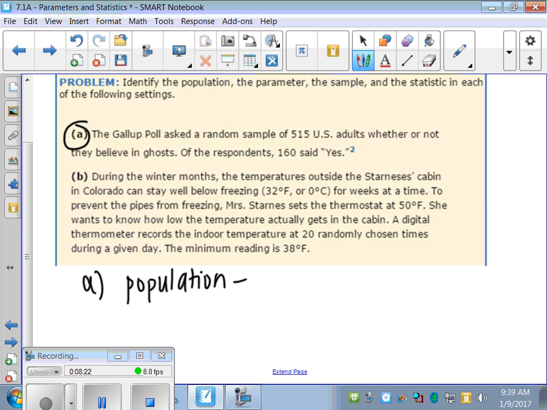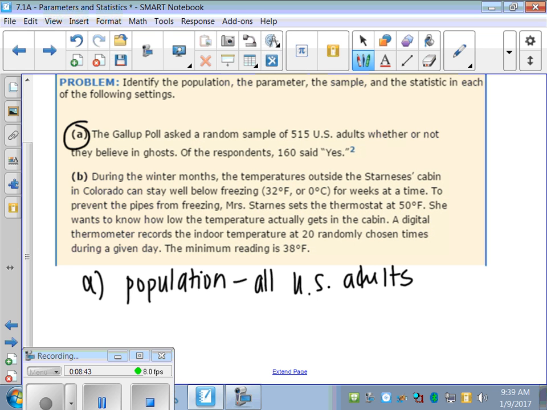Remember, parameters are often unknown. So population, let's go with anyone. Have a guess. You guys raise your hands. I'll let you decide what you think it is. Ginger. Yes, all U.S. adults is our population.